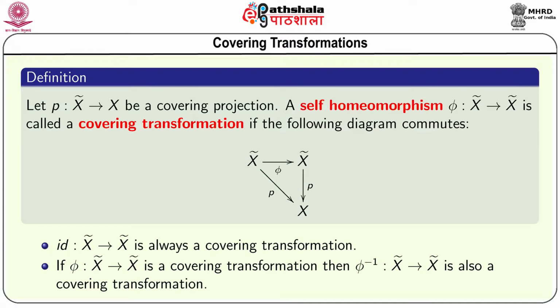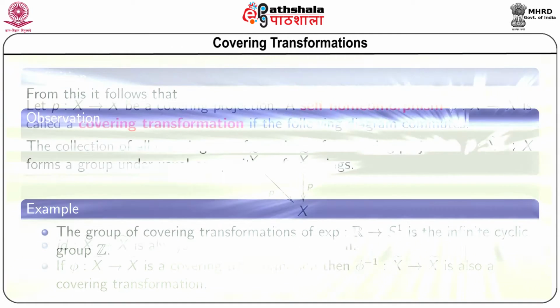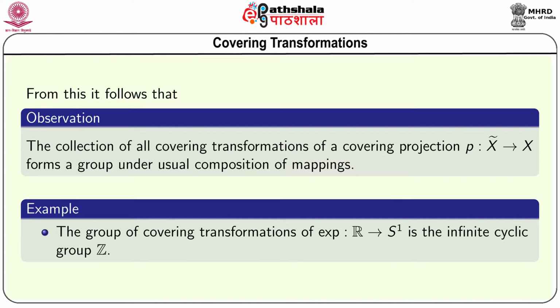It is easy to see that phi inverse is also a covering transformation. From this, it follows that the collection of all covering transformations of a covering projection P from X tilde to X forms a group under the usual composition of mappings.